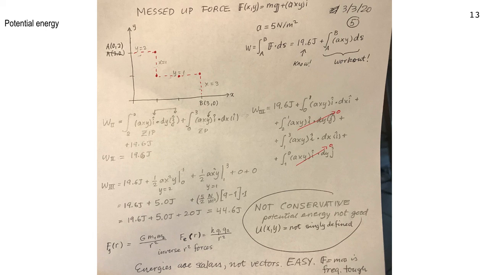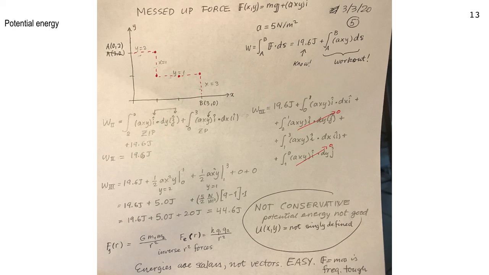So all my dy's are going to be zip zap, but let's write them out anyways. Okay, so the third part, horizontal, is from x equals 1 to 3 of axy times i hat dotted into dx and an i hat.